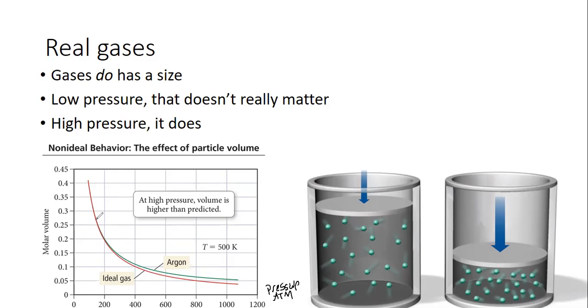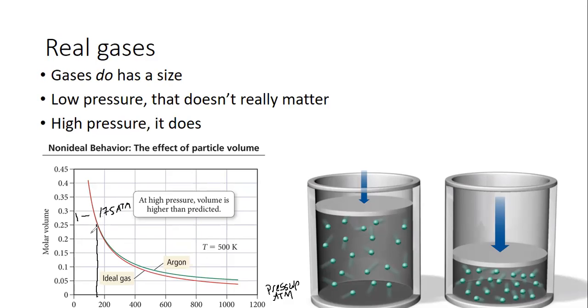And what you can see is that from roughly 175 atmospheres and below, like from 1 to 175 atmospheres, there's no difference between an ideal gas and a real gas. They behave the exact same way based on our calculations.